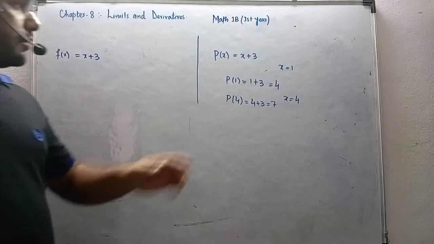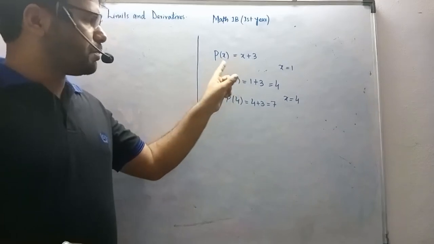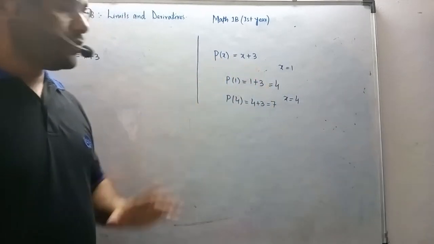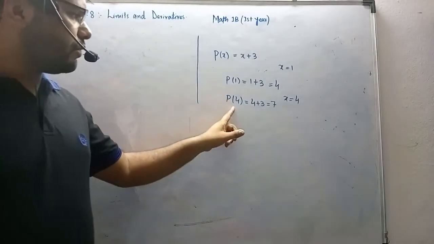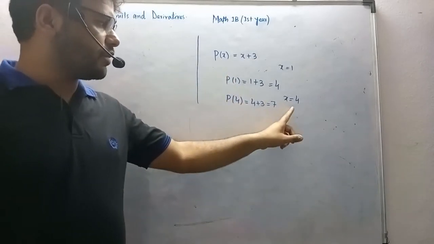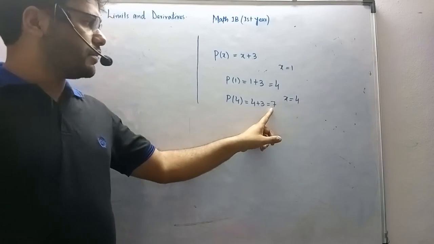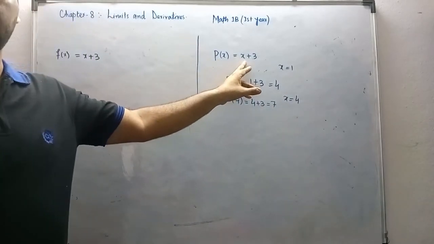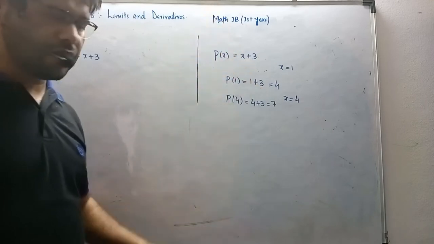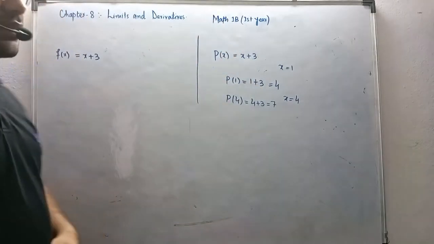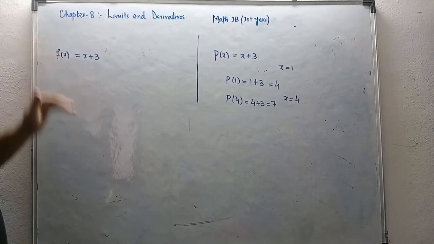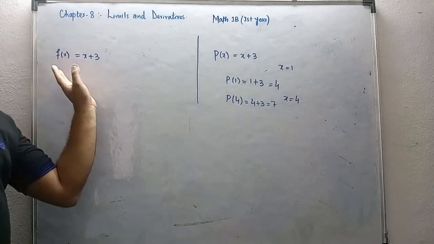So you can say that the value of p of x at x equal to 1 is 4, and the value of p of x at x equal to 4 is 7. We are just substituting the value of x here. This you have studied in your previous classes. Similarly, we have a function f of x equal to x plus 3. That means for every input value we have the value of the function.